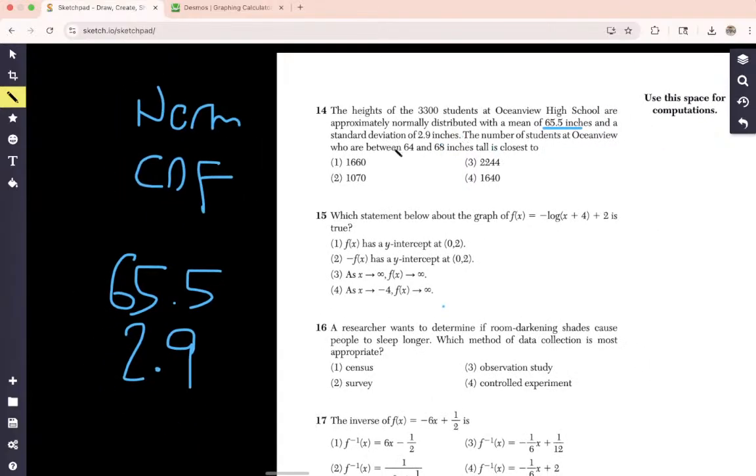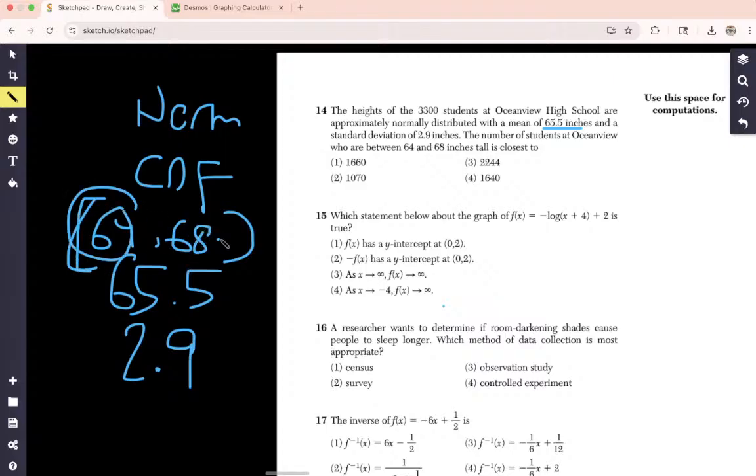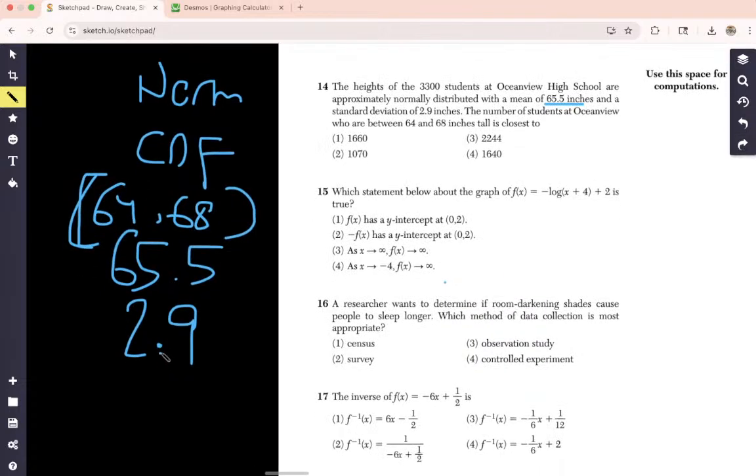After that, your bounds should be between 64 and 68. So your lower bound is 64, your upper bound is 68, and you should get an answer for that.